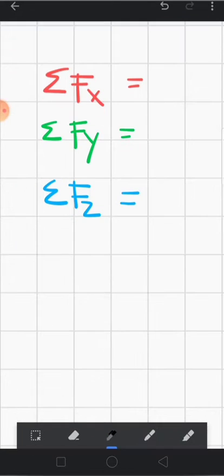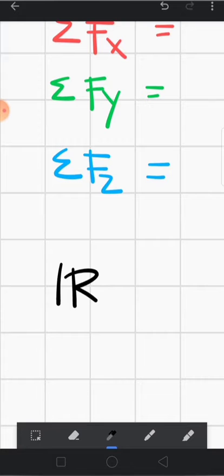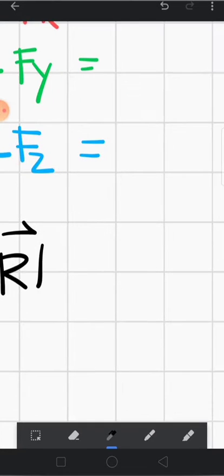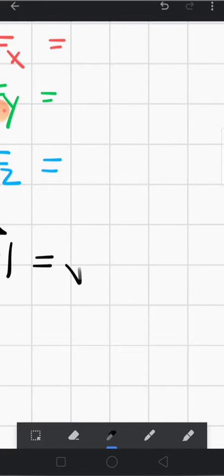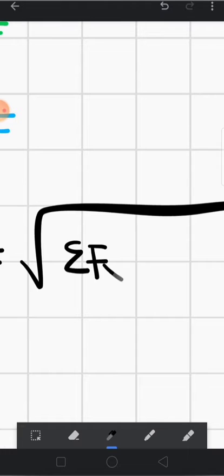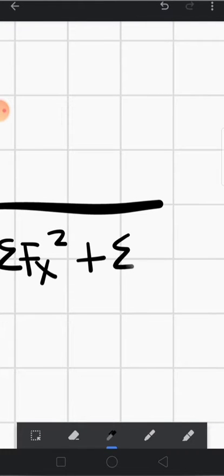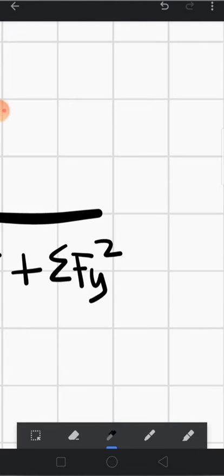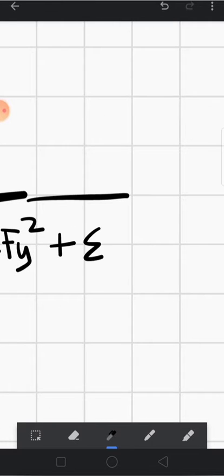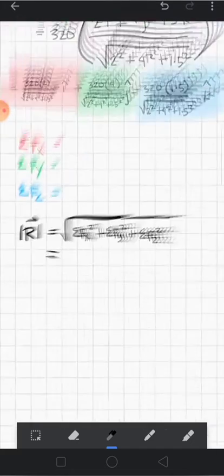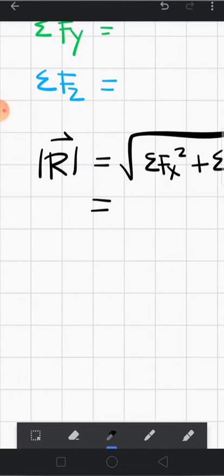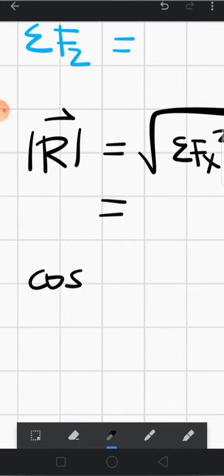And to get the resultant, the magnitude is the square root of summation of forces x squared plus summation of forces y squared plus summation of forces z squared. So that's the magnitude.